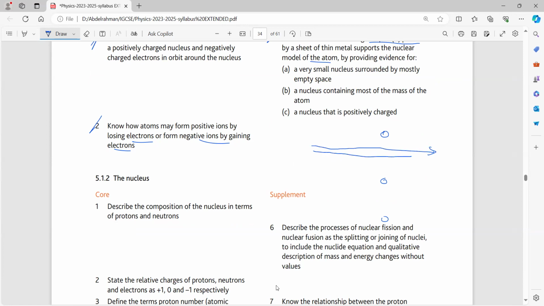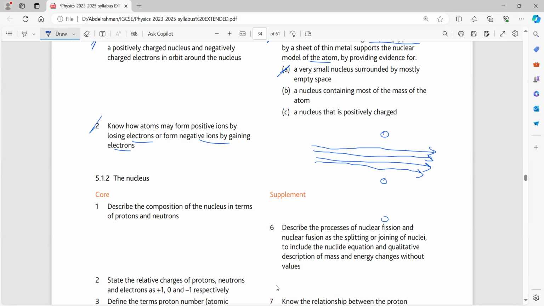So we learned that there is a very small nucleus, or that the atom is mostly empty, because 99% of the alpha particles passed without deflecting at all.